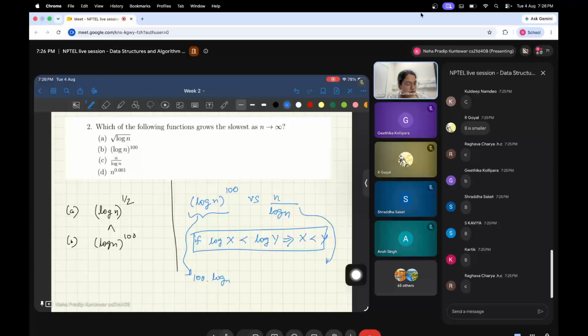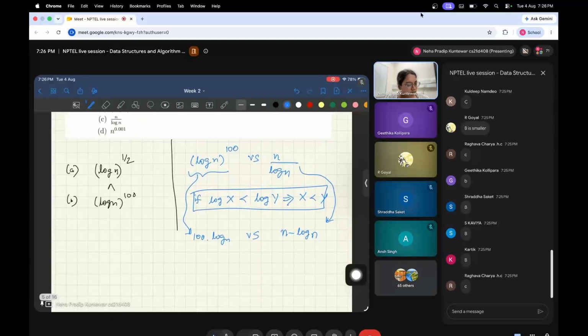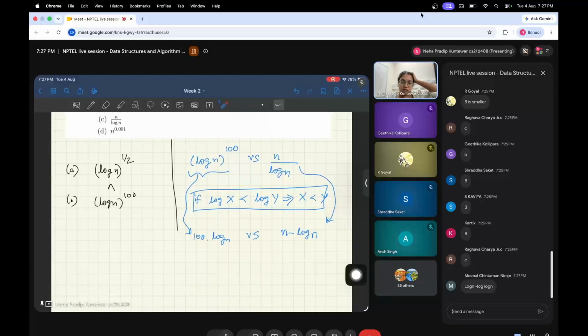What about the logarithm of the second quantity? So this is n minus log n. Right, so now the comparison is between 100 log n and n minus log n, which is the smaller one? Oh, sorry, thanks for pointing out. Yeah, sorry, this is log n minus log n. Yeah, thanks.